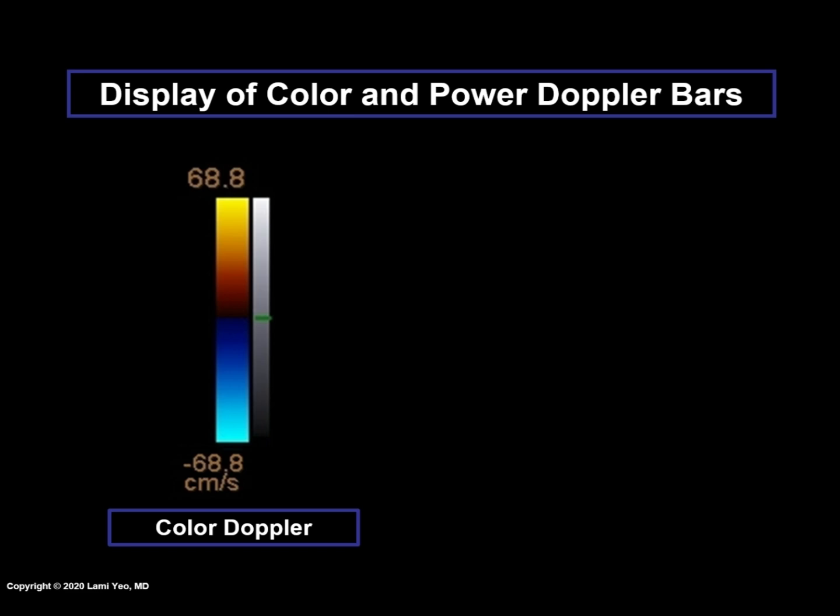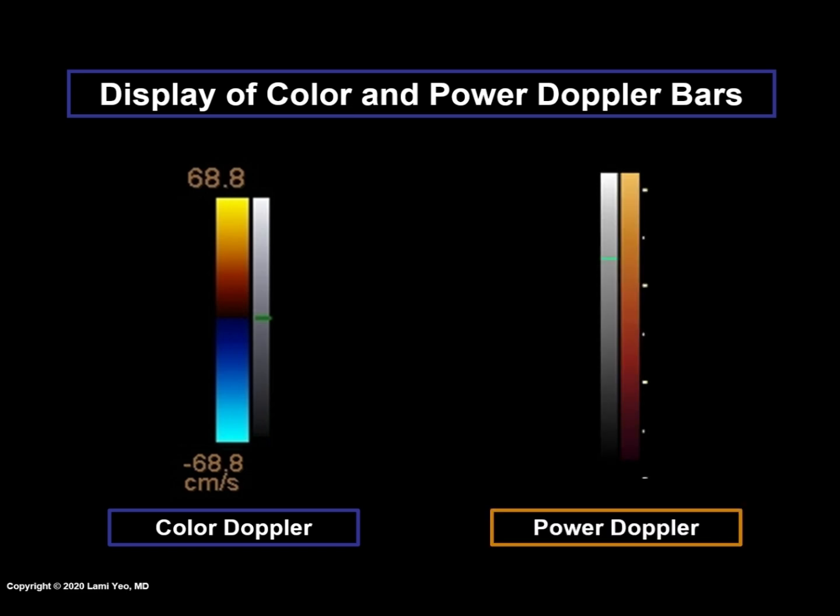The color bar shows the direction of blood flow relative to the transducer, as well as the velocity in centimeters per second. Different color shades are shown, such as orange red or turquoise blue. However, the power Doppler bar shows only a single orange or sepia color. Notice that there is an absence of velocity values.